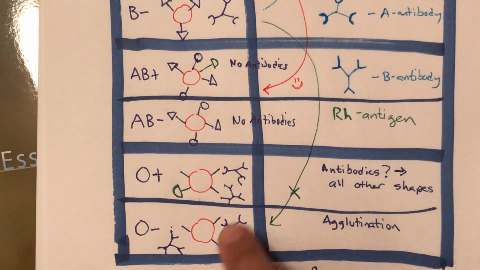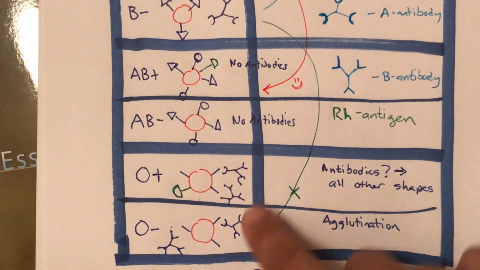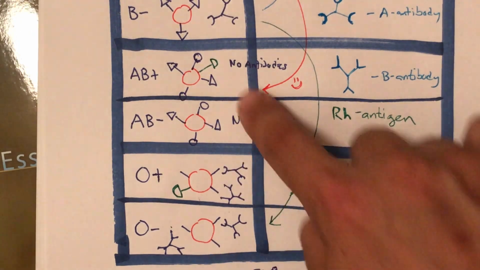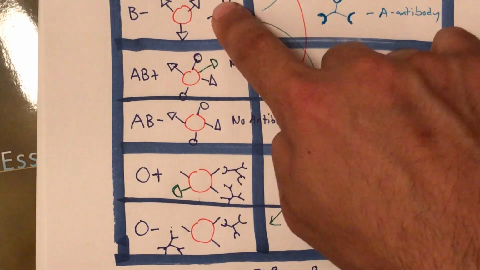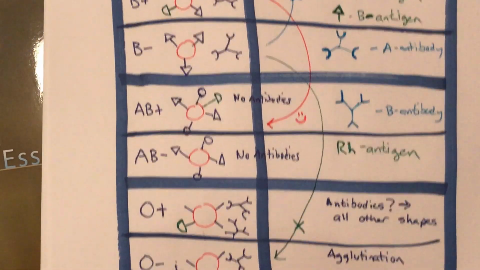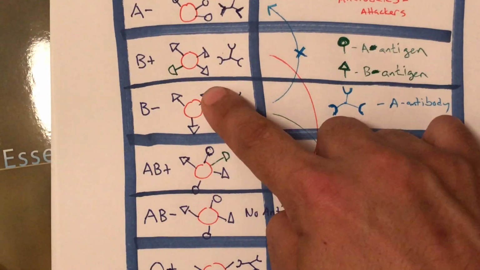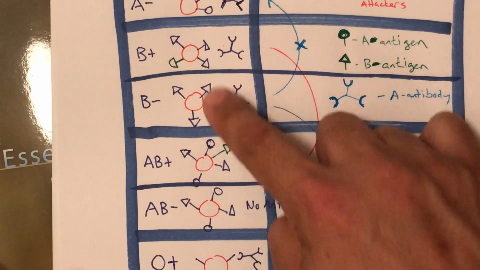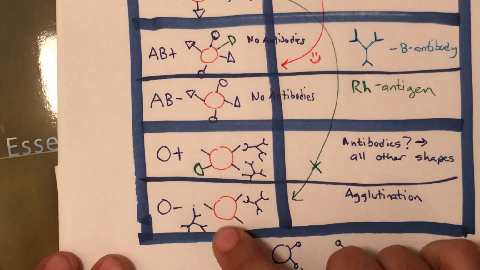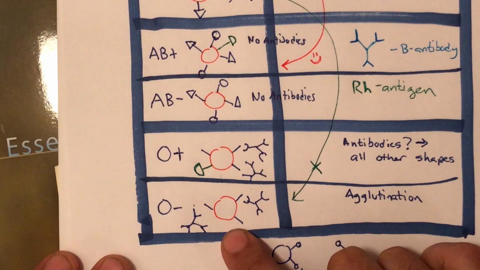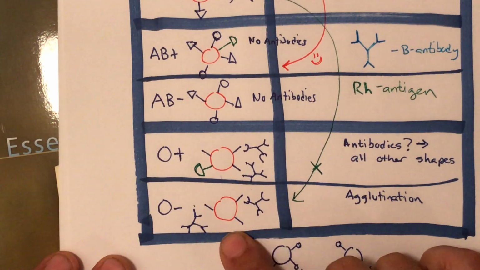There's nothing foreign going into here, nothing foreign going into here, and so on. There's nothing on the red blood cells, so they don't pose a threat to anybody. But they can't receive from anyone except from themselves, O negative to O negative, because they have so many antibodies.